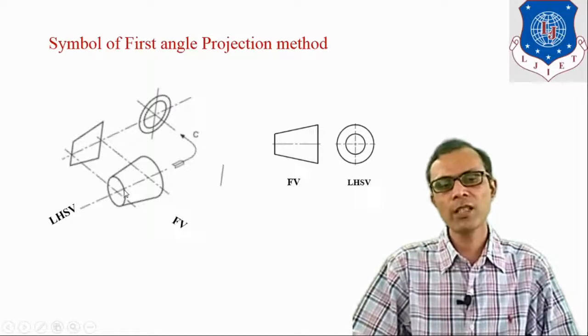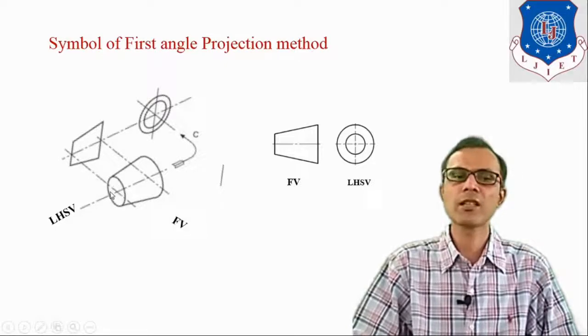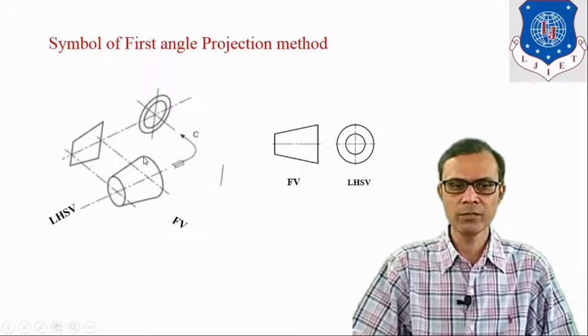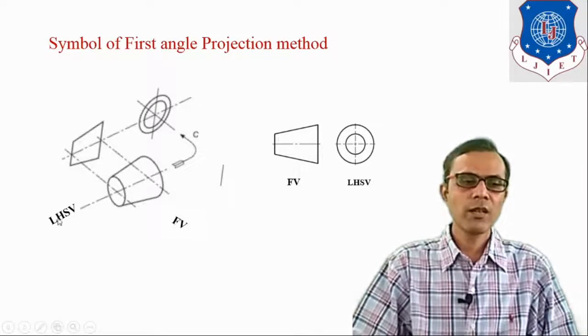But when we look at this object from left hand side view, we can see two concentric circles. Smaller circle is for this part, and another, larger circle, is for this part. So we can see two concentric circles in left hand side view.